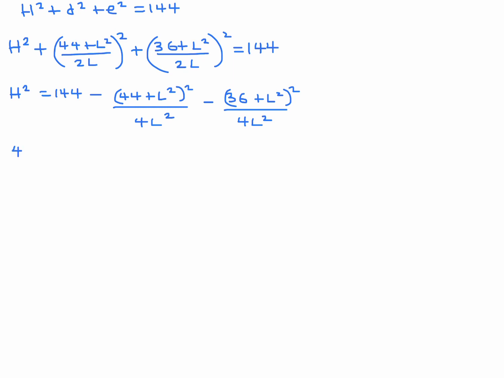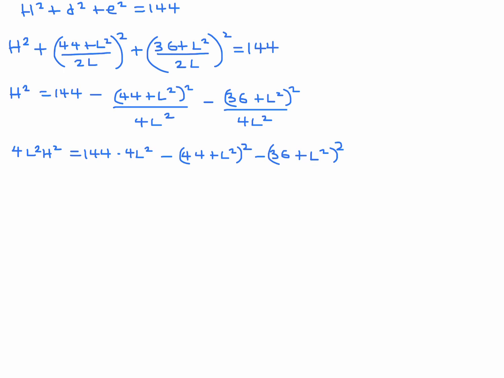That will get rid of all the fractions. So then you'll have this: 144 times 4L squared. And then the bottoms cancel out. So 44 plus L squared, all squared, minus 36 plus L squared, all squared. Right? And now we can expand all this out.